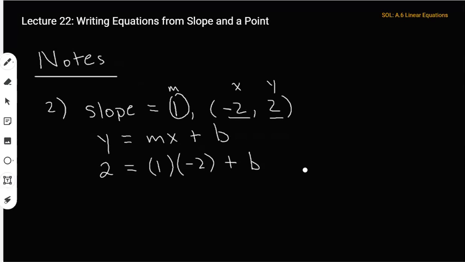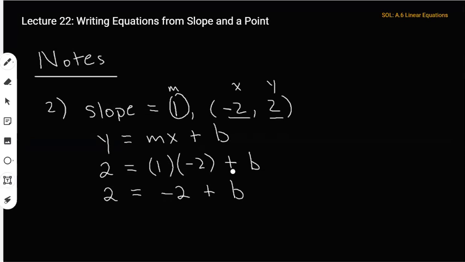Okay, so the first thing that I can do is I can bring down the +2 on the left side. On the right side, I have 1 times -2, and that's going to give me -2 when I multiply. And then I'm going to bring down the plus b. I still don't know what b is yet, but we're about to find out.